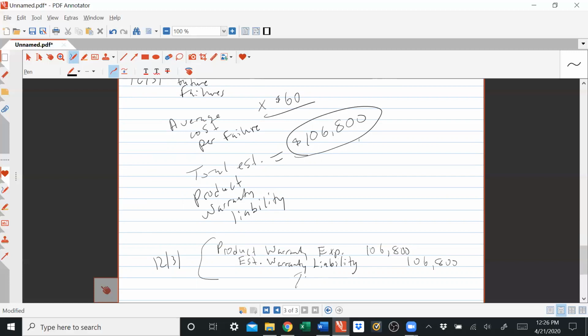So this is an example of a contingent liability. It's an obligation that we are likely to incur in the future, and we can reasonably estimate the amount of that obligation. And therefore, under GAAP, those types of liabilities have to be recorded. Any questions on exercise 10.7a?